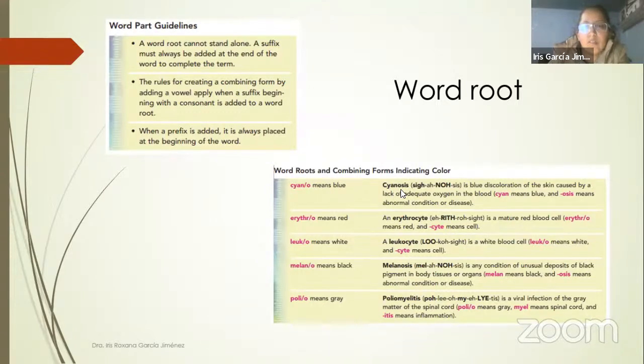Now, cyanosis, this is the pronunciation. It is the blue discoloration of the skin caused by a lack of adequate oxygen. We know what cyanosis is, but we have to check how this word is constructed. Word root, the combining vowel, and the suffix osis, we have the condition, right?